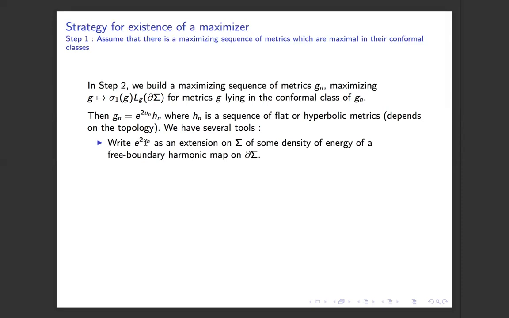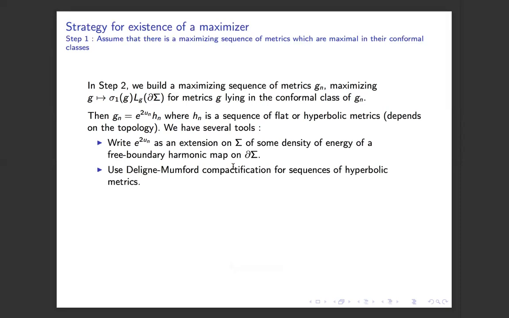At the boundary, we have a relation with some density of energy of this map, so that we have to deal with sequences of free boundary harmonic maps. And we can prove that the only non-compactness for this kind of sequences is bubbles. So we have to rule out bubbles.